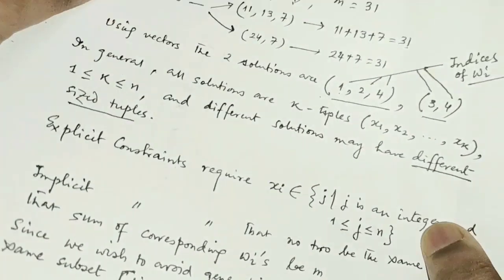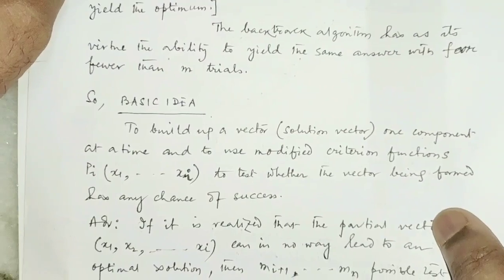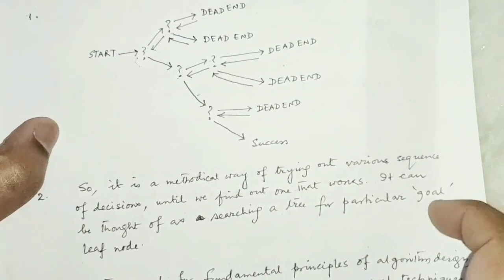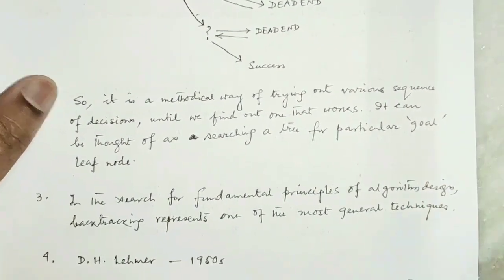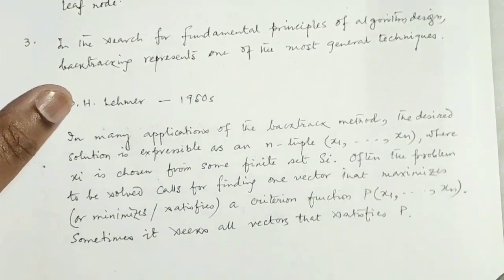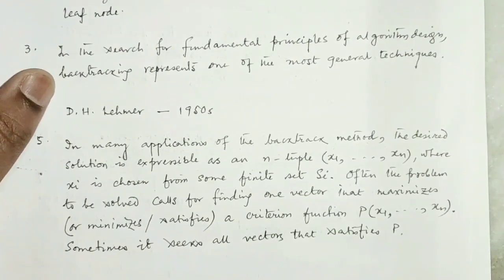So we have discussed the main general part of backtracking. Starting from the beginning, we have covered how problems can be solved using backtracking and how the solutions can be expressed in terms of tuples and so forth.